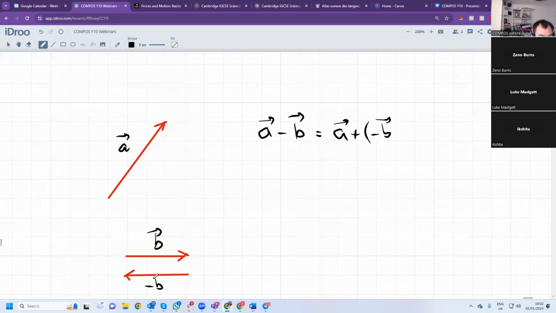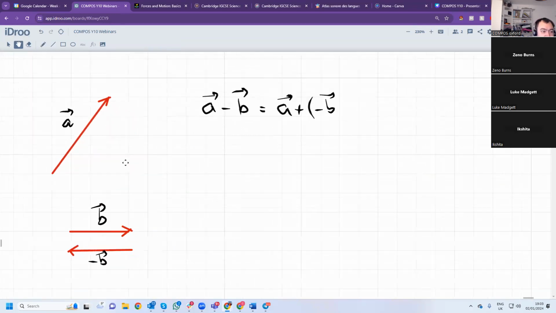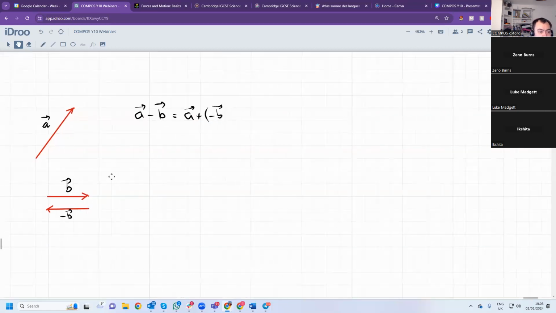Then you add those two vectors instead of subtracting. So you take vector A, and then you take vector minus B.